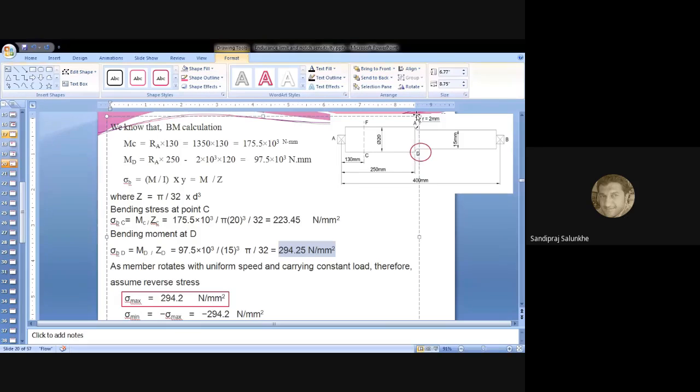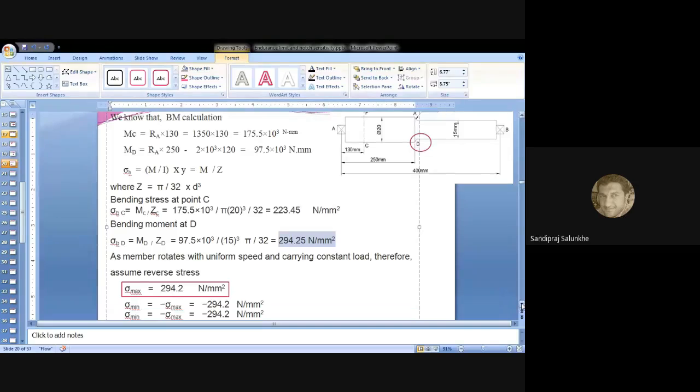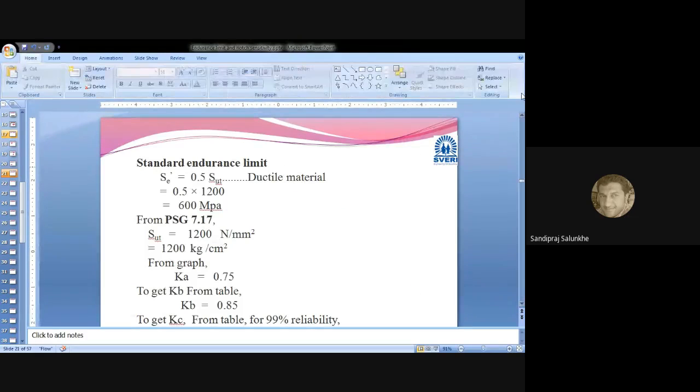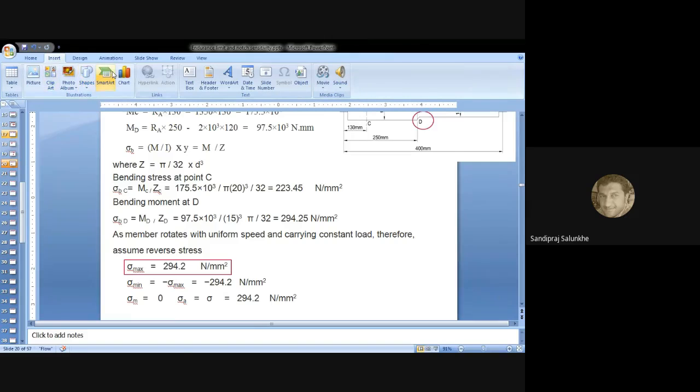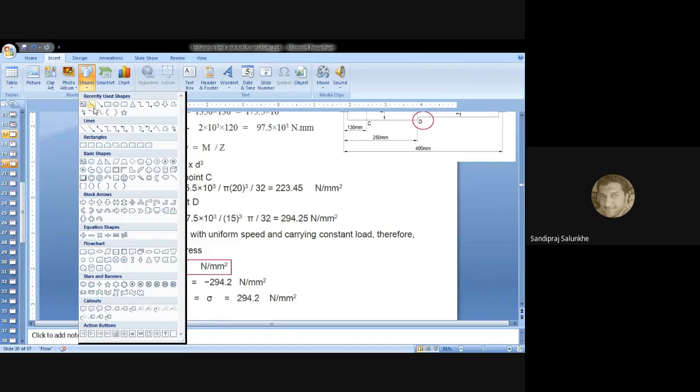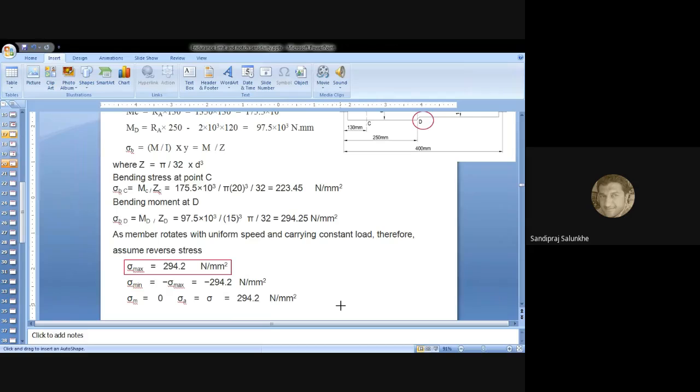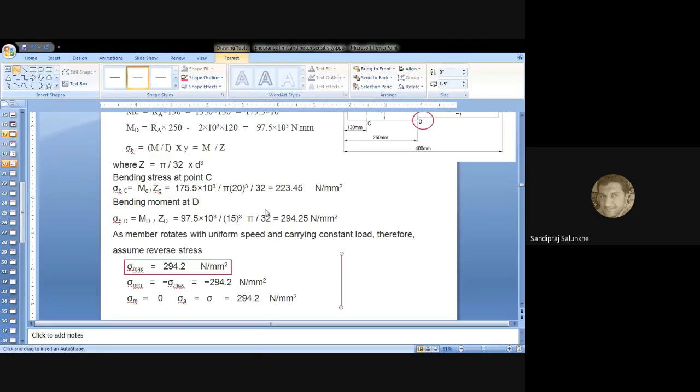It is becoming positive and negative, that is tensile and compressive. Now while we are going to consider this loop of stress, the maximum value of the repetitive stress is going to become positive and negative.